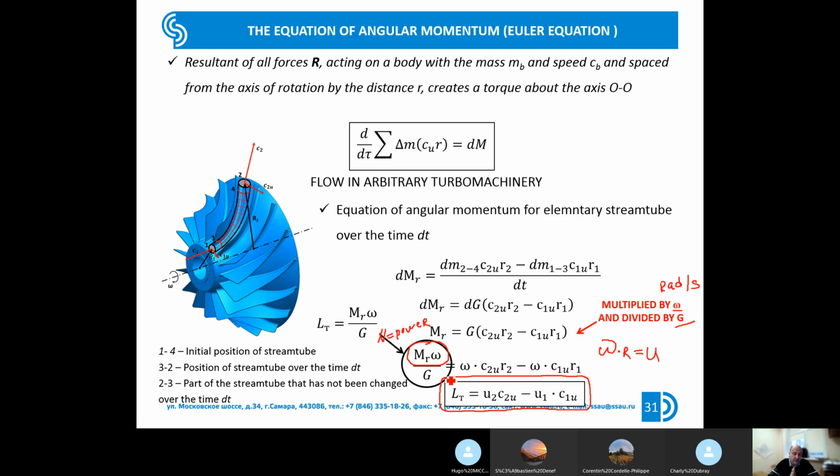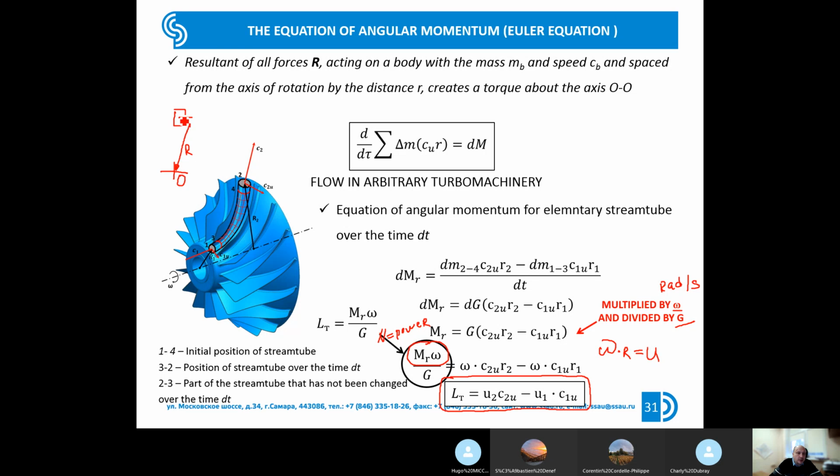What is the source of the torque in the rotor of the turbomachinery? What's the main reason for the appearance of torque in turbomachinery? Of course, I think you know, if you have an axis, in this picture the axis is located normal to the screen surface, and you have some mass located at the distance r relative to the axis of rotation.